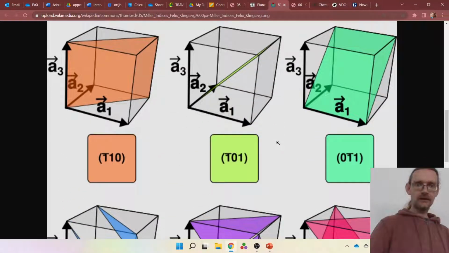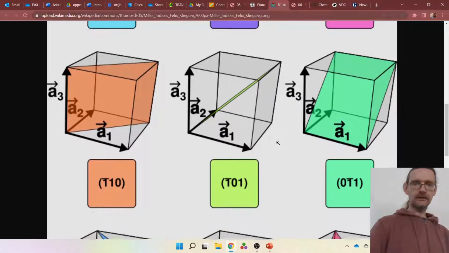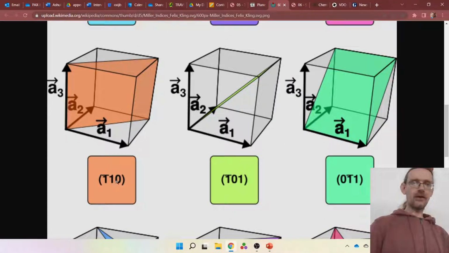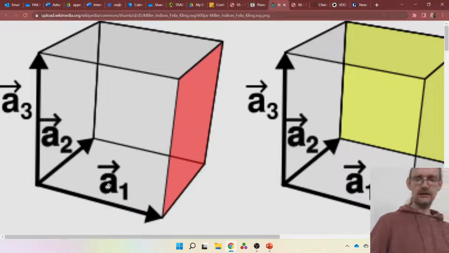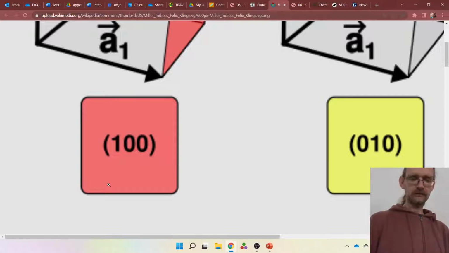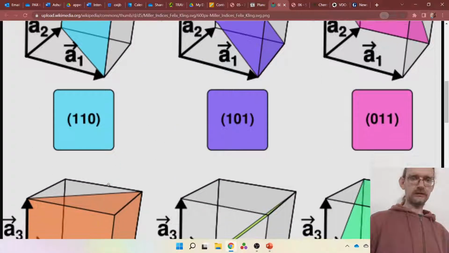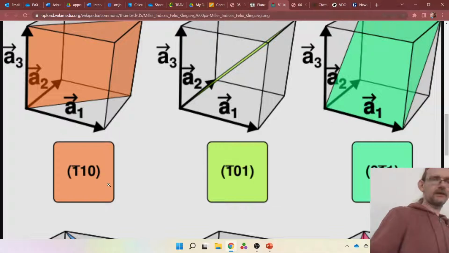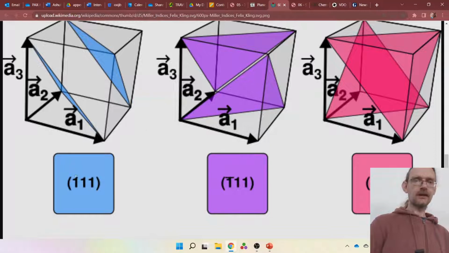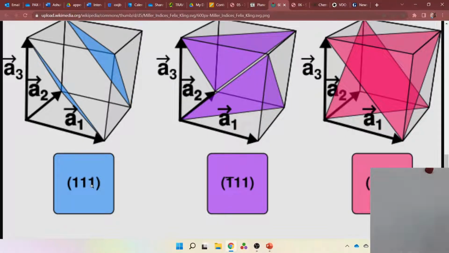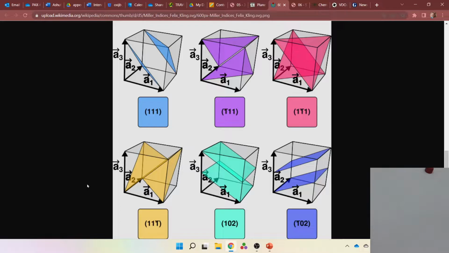And if I have the -1, this 1 bar means -1 here, then it's orientated and it cuts the other axis, so it's rotated 90 degrees. And if I've got 1, 1, 1, it cuts the x, y and z axes at 1, and you get this diagonal.